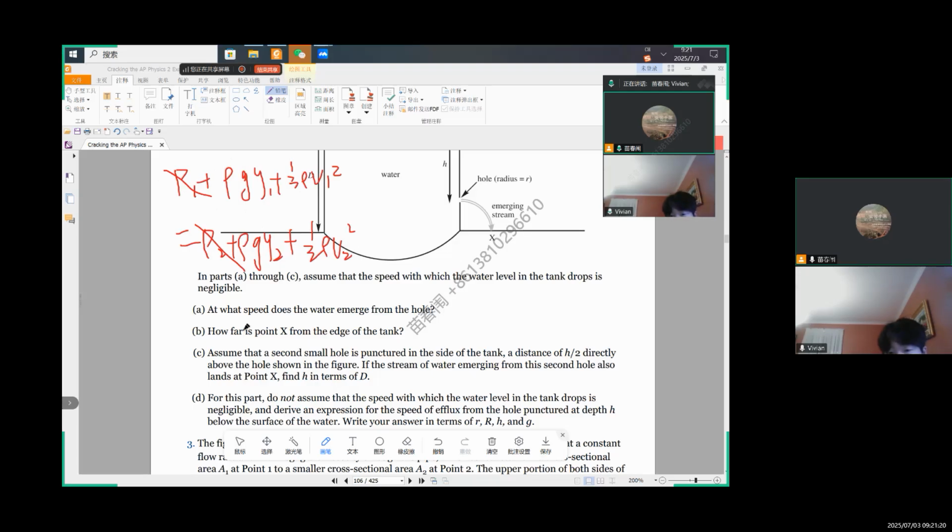And what is our reference level? Probably our horizontal level is good enough, right? This one is the reference level, maybe. Seems reasonable. So Y1 is D, and Y2 is D minus H, right?